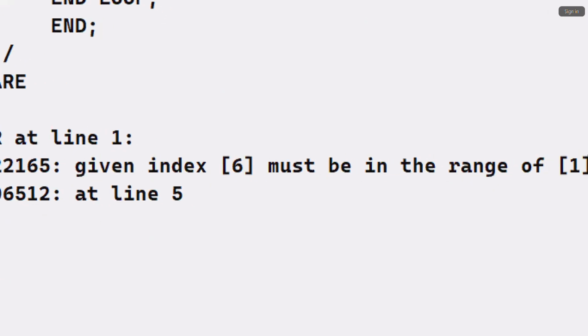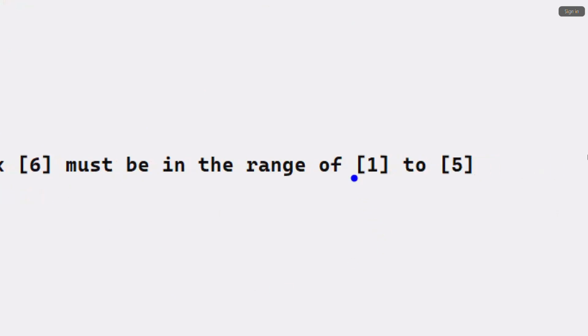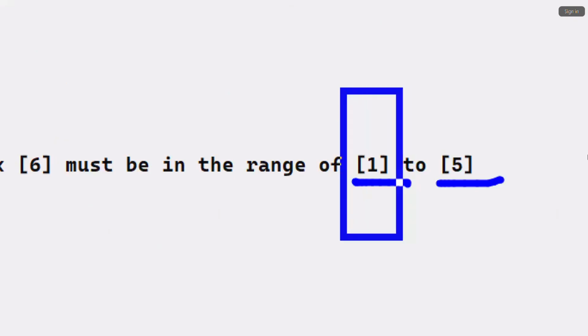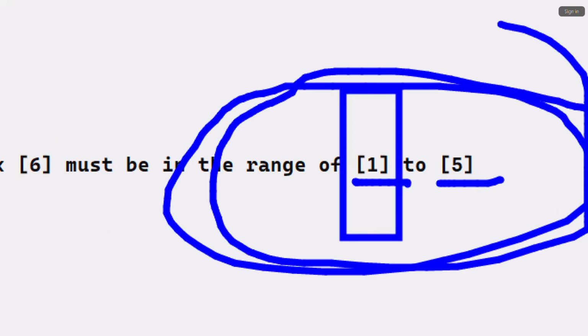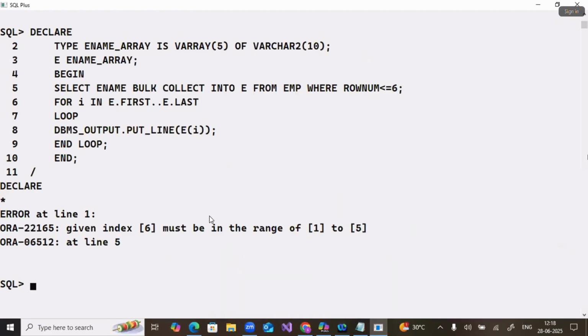Given index 6 must be in the range of 1 to 5. That means in PL/SQL, my index starts with 1. In Java, it is 0. So now practically proved, yes. Here our index is starting with the number 1, not 0.